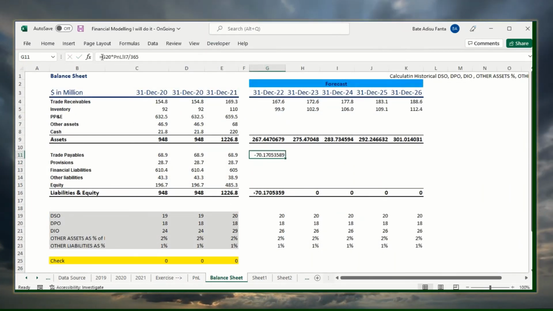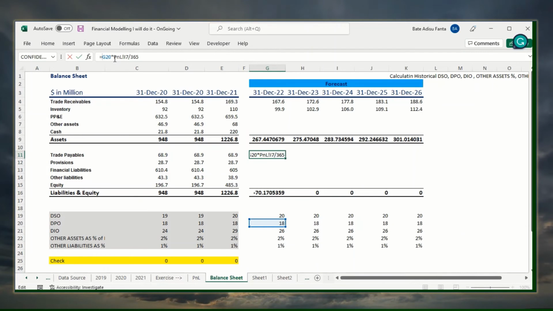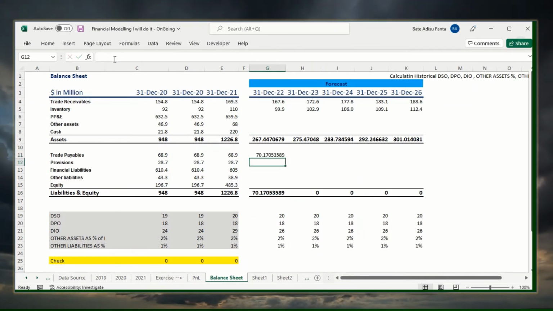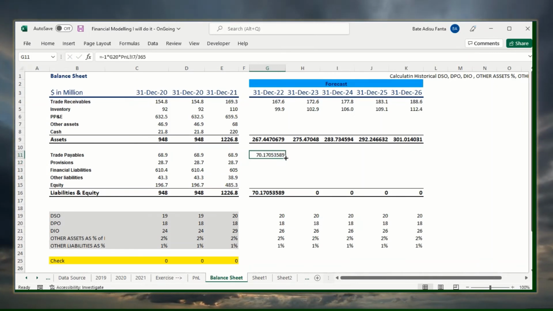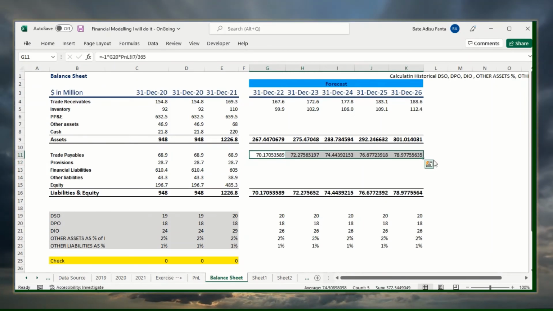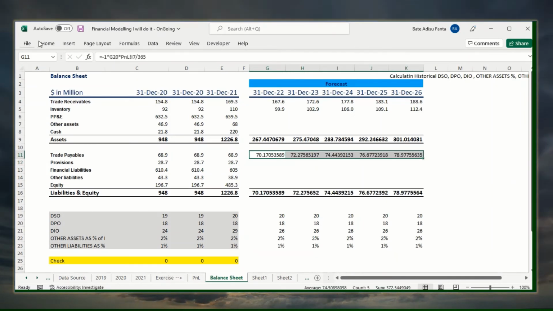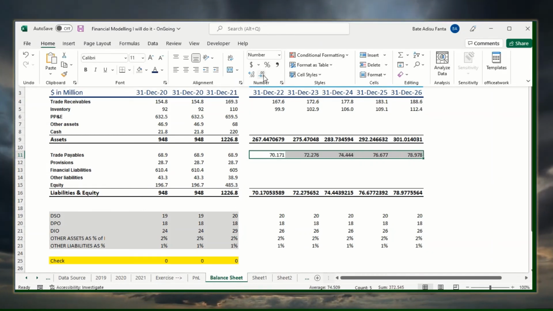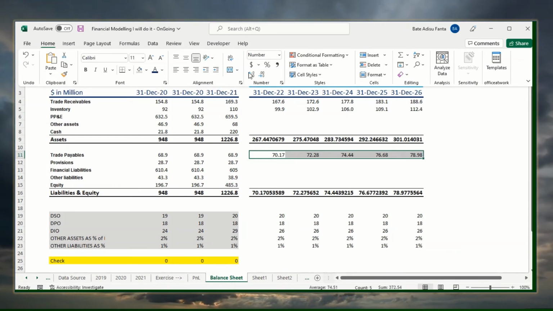In the same way, we have to make sure that it is in a positive term. So you can just copy paste the formula, because this formula is not complicated for you to do.